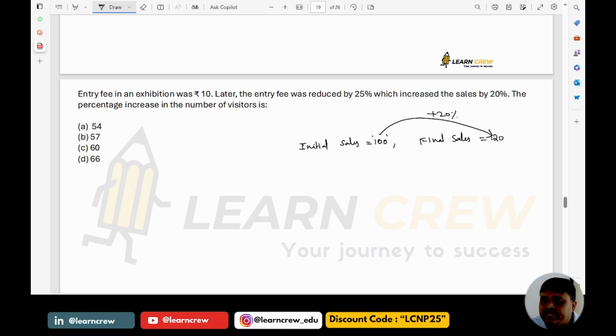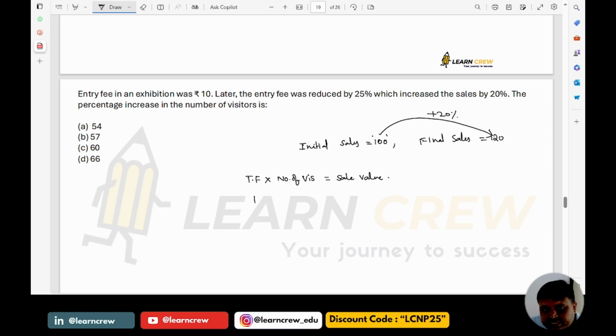Sales increased by 20%. What do you mean by total sale value? Total sale value means ticket fare, each ticket fare into number of visitors, is equal to sale value. Initially, the entry fee is 10 rupees.